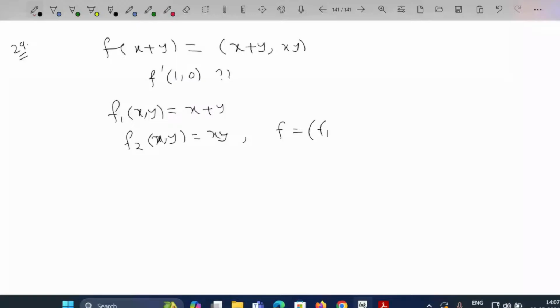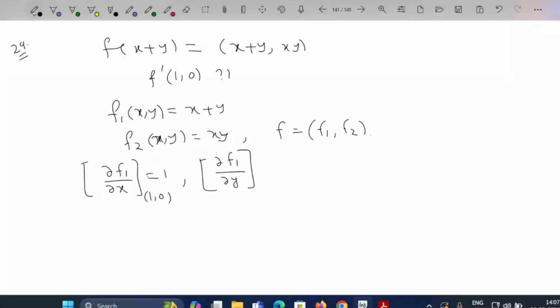So calculate the partial derivative of f1 with respect to x, which is 1, even at the point (1, 0). We have to calculate it at the point (1, 0). And the partial derivative of f1 with respect to y at the point (1, 0) is again 1.